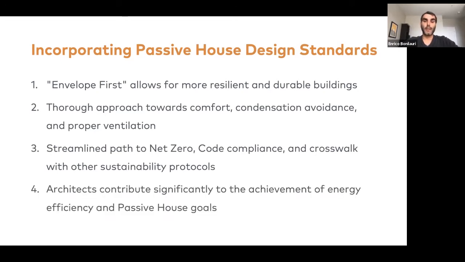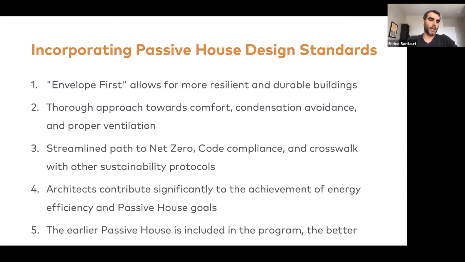Architects, we can contribute significantly to achieving efficiency in general and meeting passive house goals, just keeping in mind what the goals are and implementing those tools at the early design stages. And finally, the earlier these kinds of goals are set in the program of the project, the sooner the better, because that is how you can bring everybody on board and have an integrated design approach. That being said, this concludes my presentation, and I'm happy to answer questions.